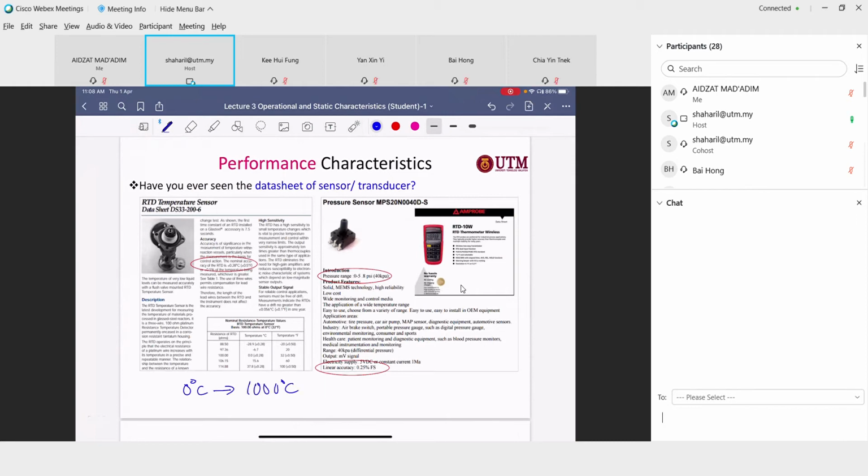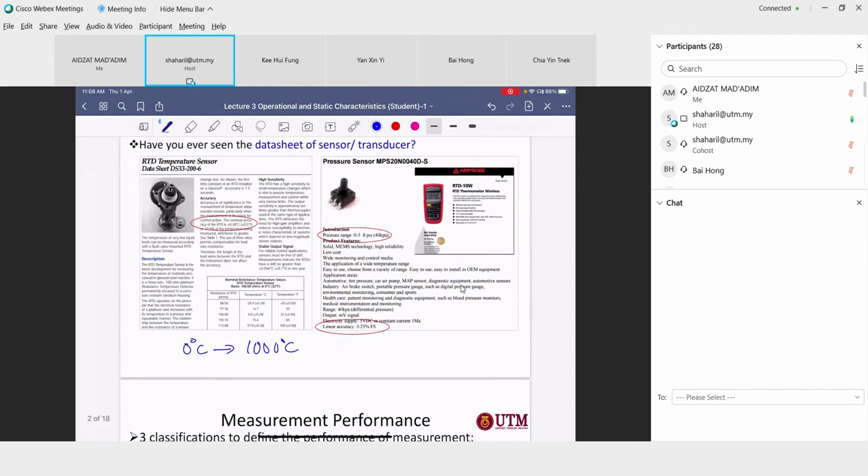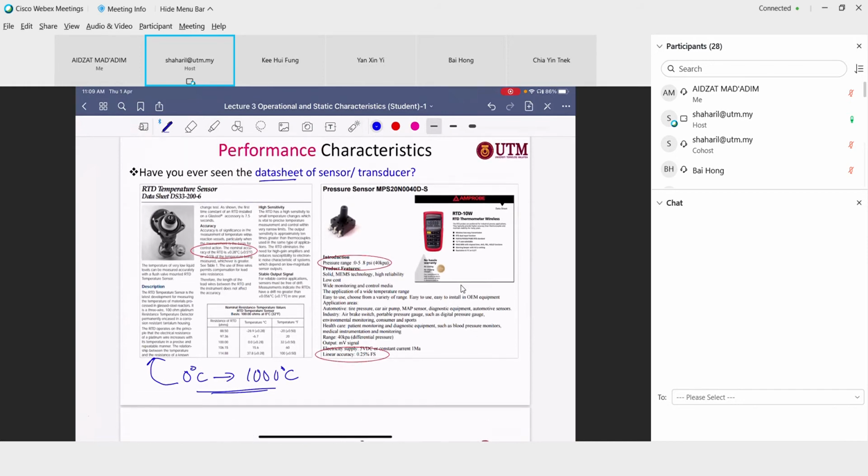Maybe you work in the oil and gas industry, so they require this. Then you start searching for the type of transducer, especially the temperature transducer, that you are going to choose or use. Then you will look at the data sheet or manual and so on.